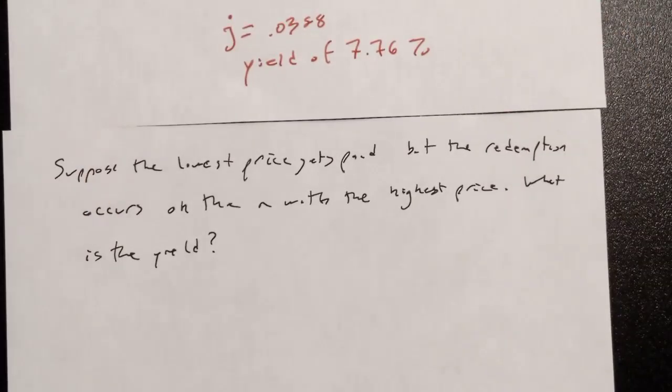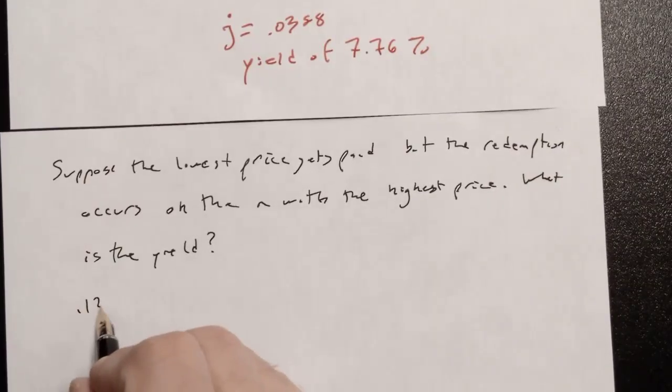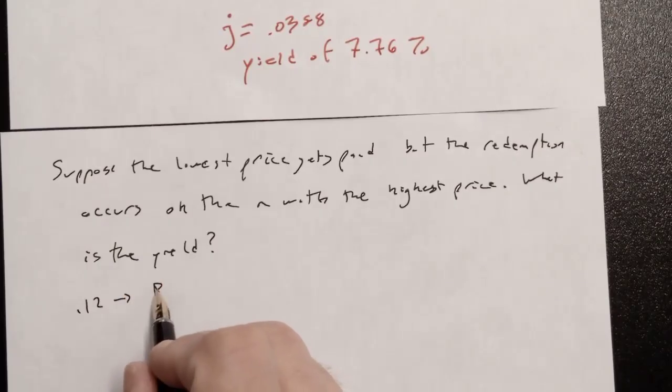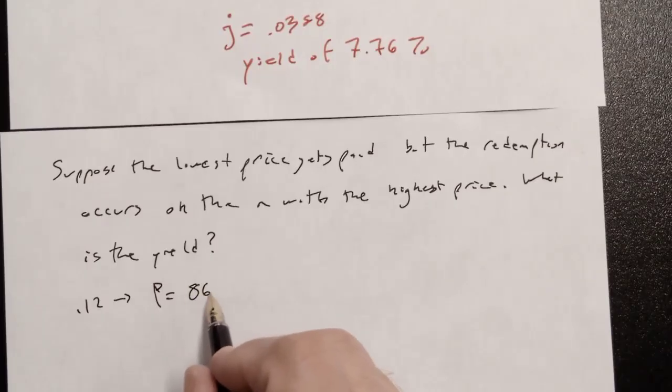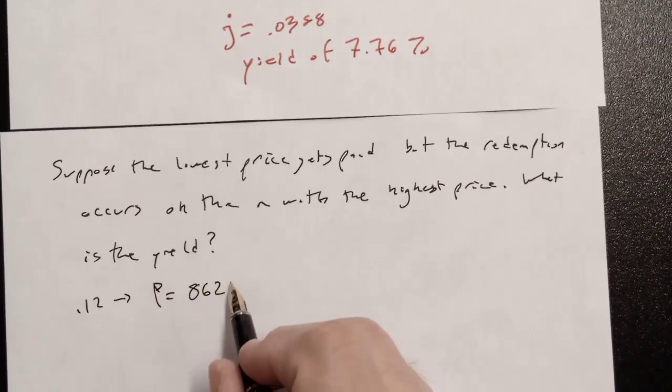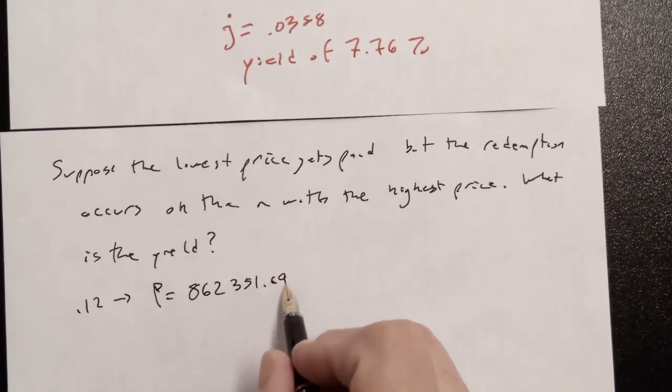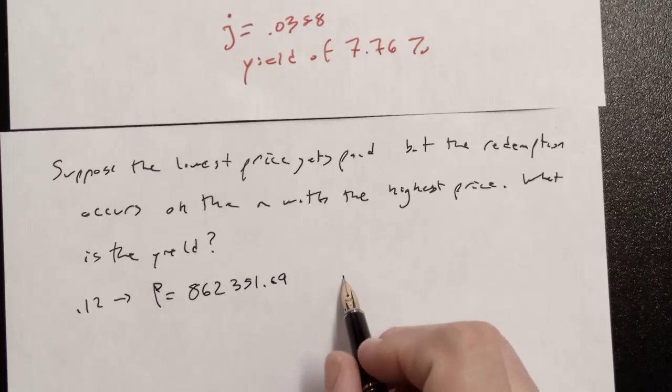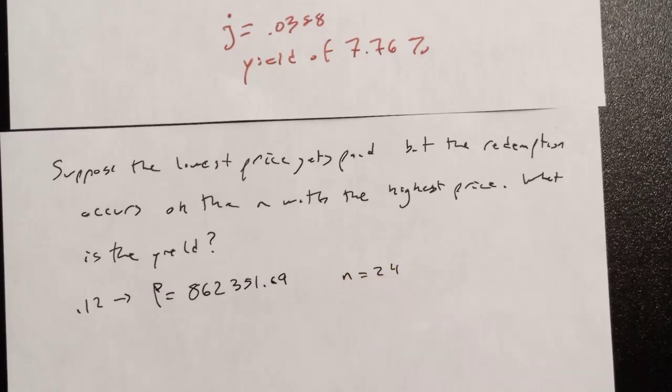Let me go strip the data off of my Excel sheet. So the time and the lowest price, but the time with the highest price. So for the 12%, the lowest price on the 12% line is 862,351.69, but the time with the highest price is 24.